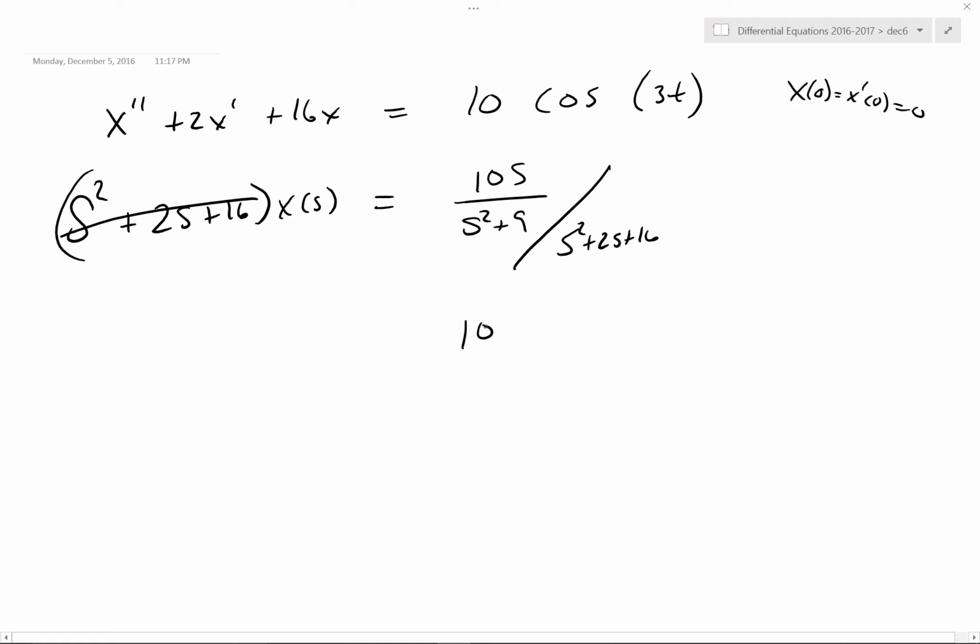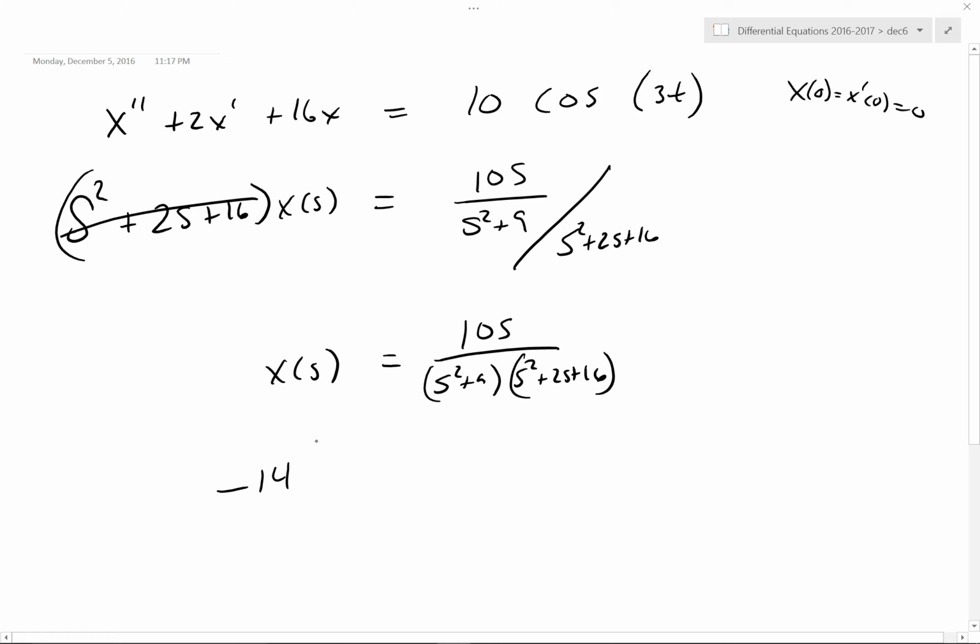And so what I end up with is 10s over (s squared plus 9)(s squared plus 2s plus 16) is equal to this fella. Now, I went ahead and expanded on my calculator, and I got the following: negative 14s minus 64 over s squared plus 2s plus 16.